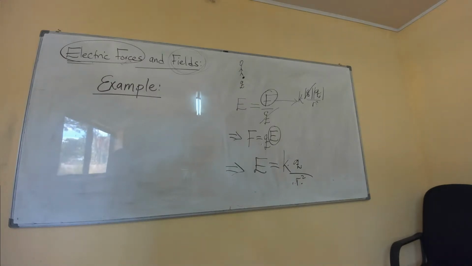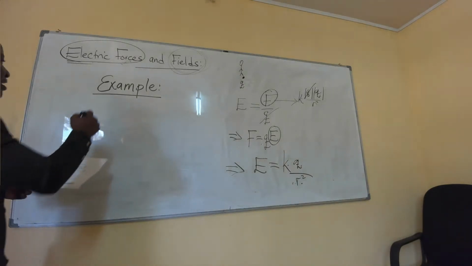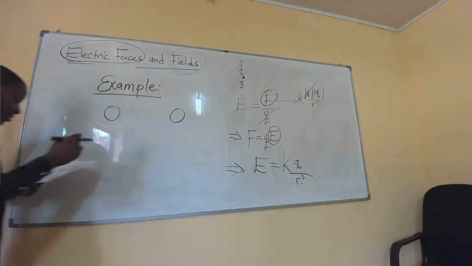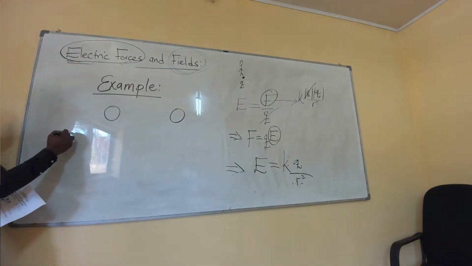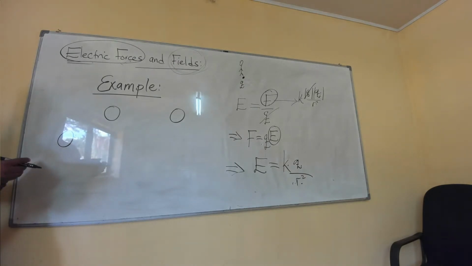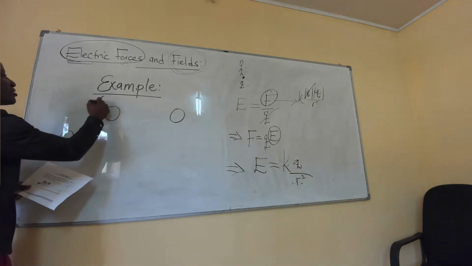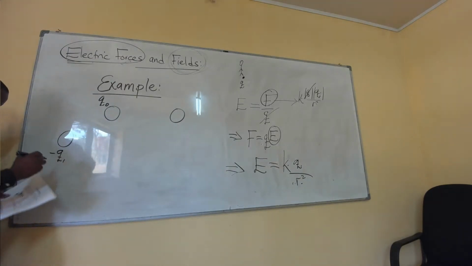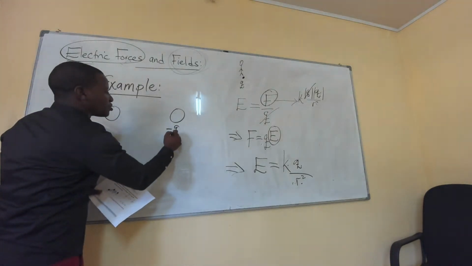So we use what is called the superposition principle. Let's look at this example here. You have these three charges. And this one here. This is what we are calling Q0, minus Q1, minus Q2.